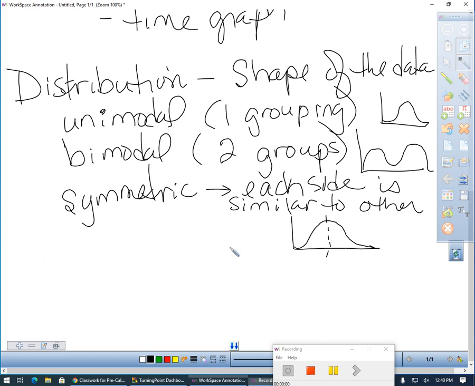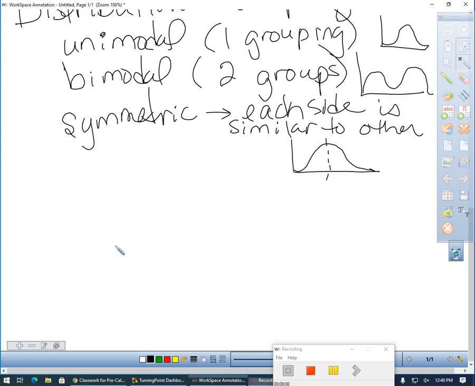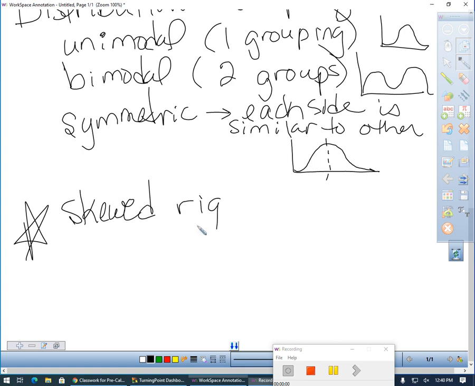Let's see what other words you got. Oh, these are the two tough ones, and these are the ones you probably are going to see the most. So I'm going to put a little star here. I'm going to say skewed right and skewed left.